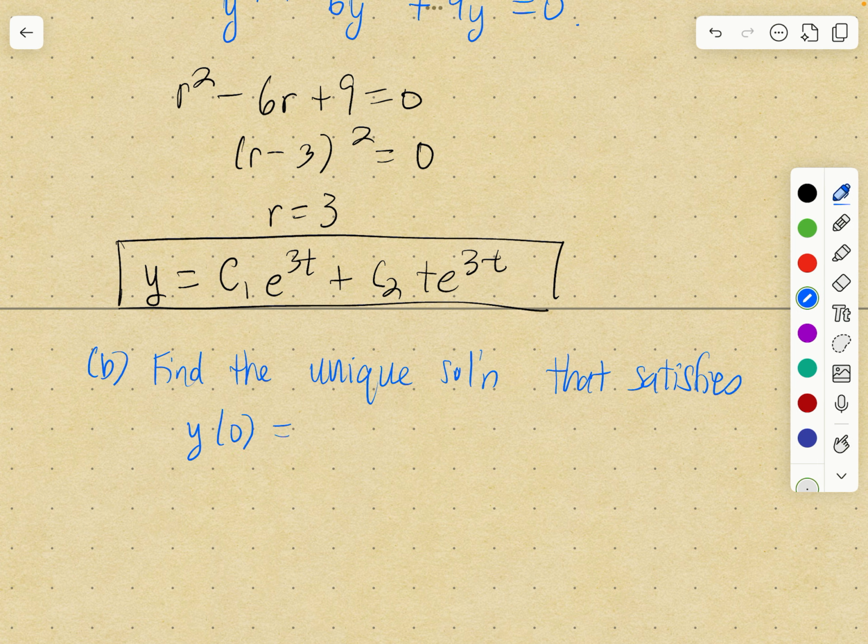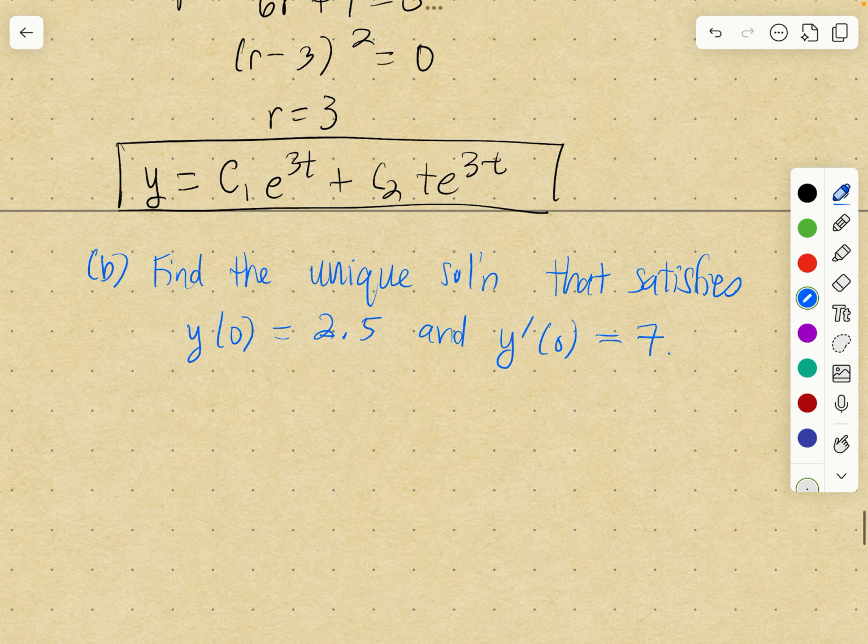Y of 0 is 2.5 and y prime of 0 is 7. By the way, they don't have to give you y of 0 and y prime of 0. It could be y of 1 and y prime of 1 or something. It's just you need two equations to solve for the c1 and c2. And it's easier when your t is 0. You just get easier algebra.